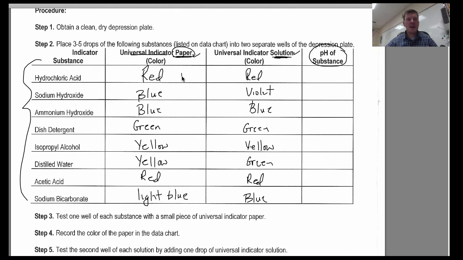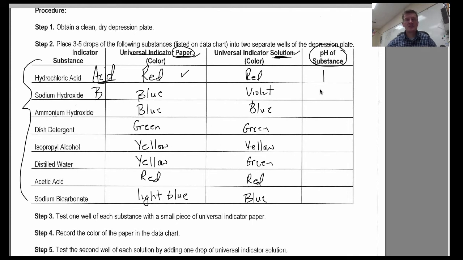If you have your litmus paper, or I should say your universal indicator, turning red, that is an indication that you have an acid, as we determined before. It's a strong acid. The pH is probably around 1 or 2. Sodium hydroxide is a base, as we indicated before, and it's going to turn the universal indicator blue or kind of a violet.